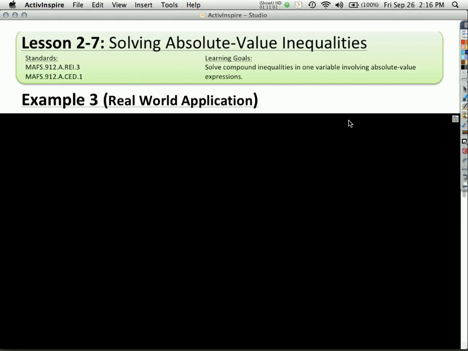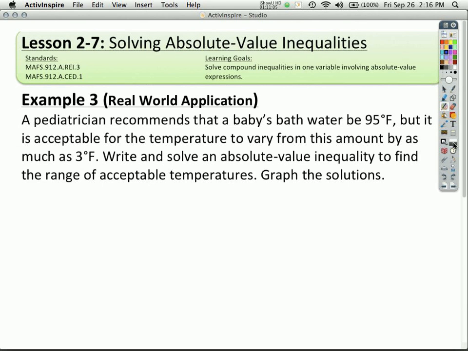And so here is an actual application of the idea, and it's from the medical field. So everyone should have written example 3, and do not copy the question because it's too much to copy, just read it to yourself.